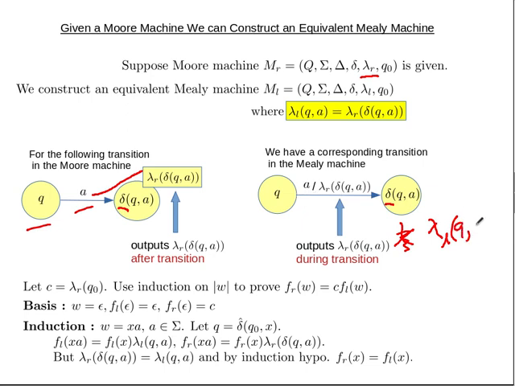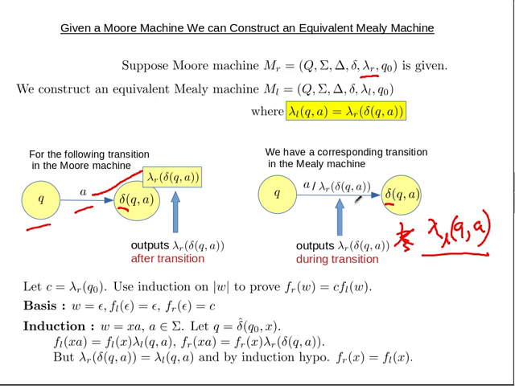A. So this lambda L of Q, A is whatever we were emitting for the Moore machine. And this is the equation here. So lambda L of Q, A is equal to this thing.